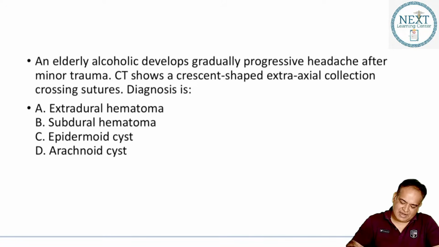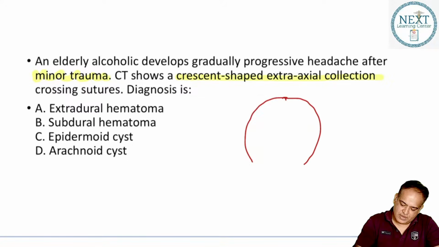Now, elderly alcoholic develops gradually progressive headache after minor trauma. CT scan shows crescent shape extraaxial collection. You see here, let's say you're looking at the brain.